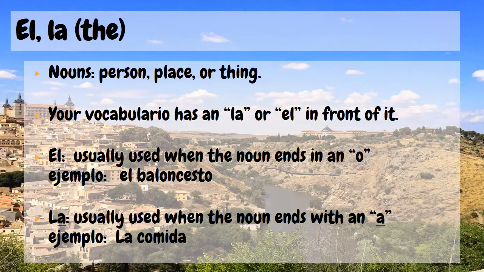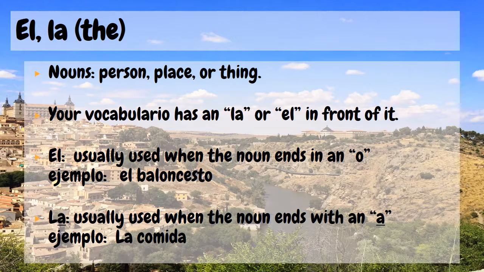Okay, so we talked about escritorio, which is desk. El escritorio, it ends in an O, so it is masculine. Then we also talked about mochila, which is backpack. It ends in an A, so it is feminine. So how you say the word "the" is different for masculine and feminine nouns.